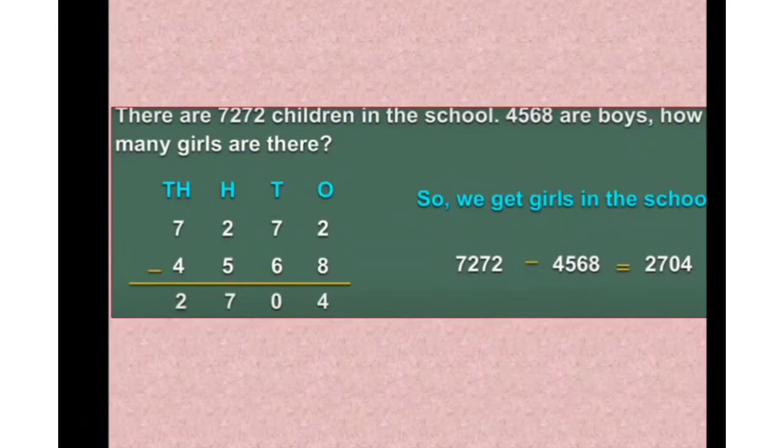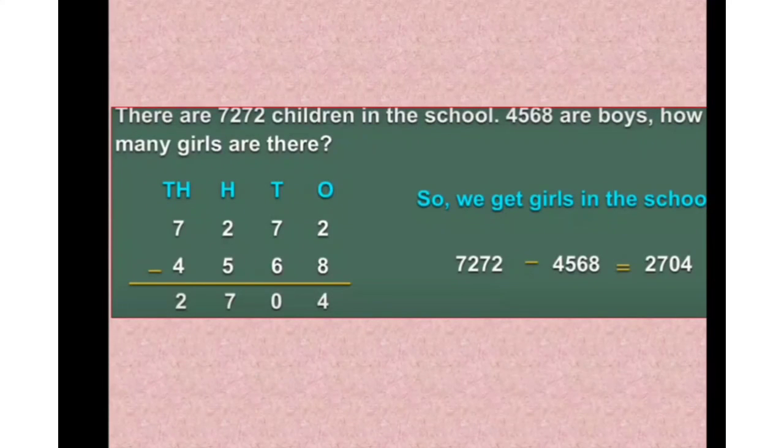Then in the hundreds place, what number is left? 2. It is not possible, so again we take a carry from the thousands. 1000 is equal to 10 hundreds, so 10 hundreds plus 2 hundreds becomes 12 hundreds. Then 12 minus 5 is 7.